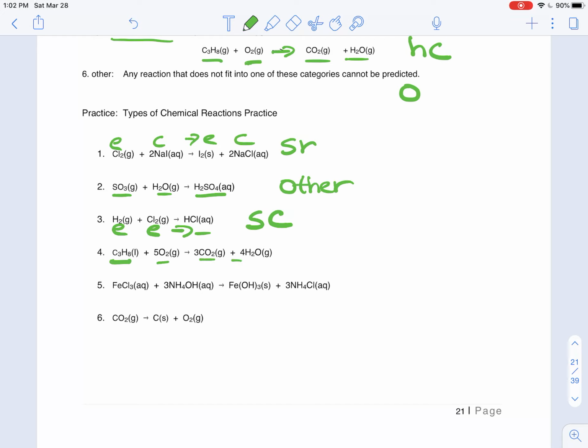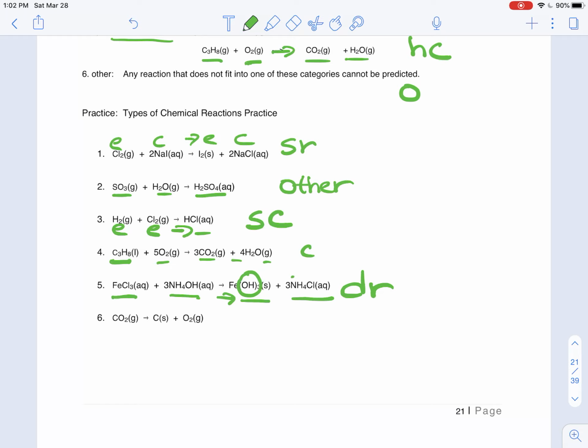I see this as a hydrocarbon that's burning. That's the combustion reaction. And this one has two compounds, swapping components to make two other compounds. That is double replacement. And double replacement can involve complex ions.